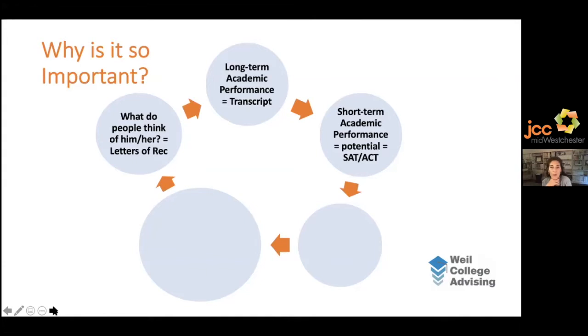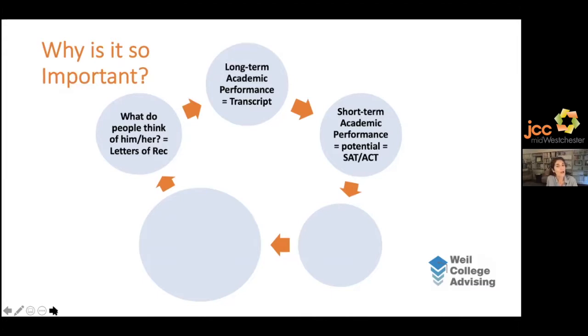The other component, the SAT and ACT, is the short-term academic performance. It talks a little bit about the potential of the student, and whether the student was able to prepare for that test or not.